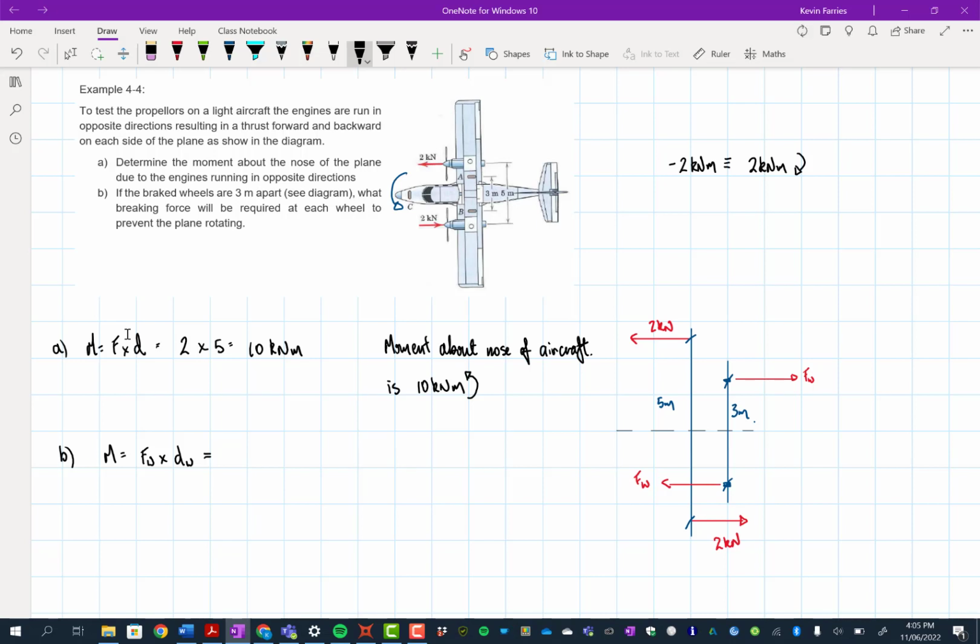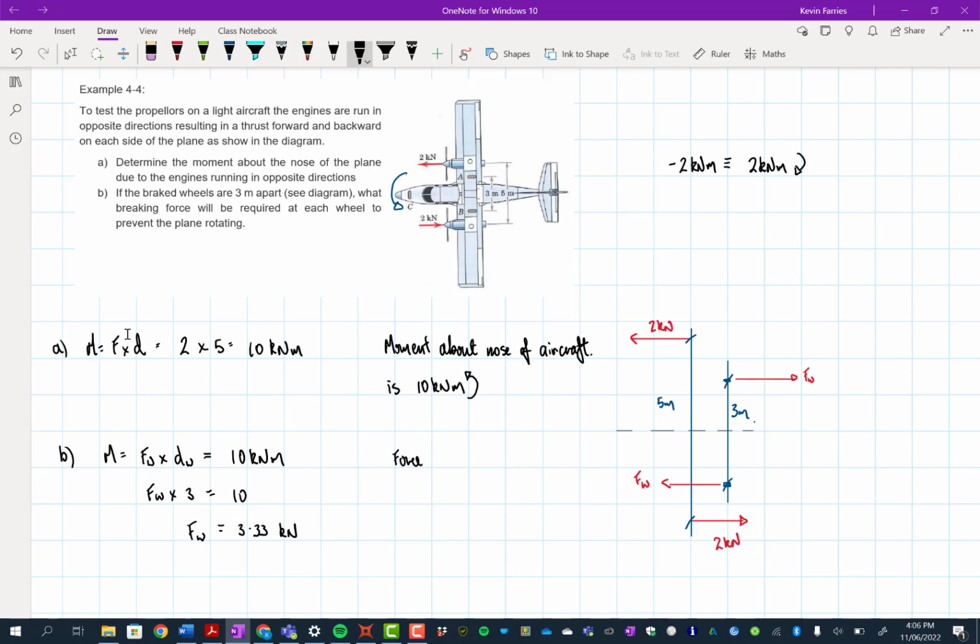So FW times DW must be equal to 10 kilonewton meters. Therefore, FW times 3 is equal to 10. Therefore, FW, divide both sides by 3 and you get 3.33 kilonewtons. It's a force, so that's in kilonewtons.